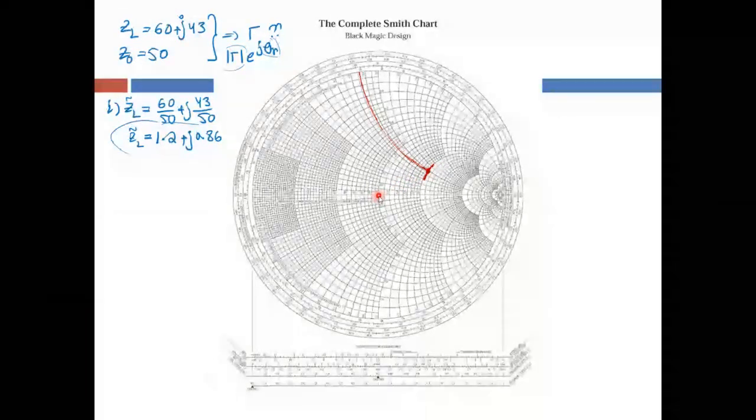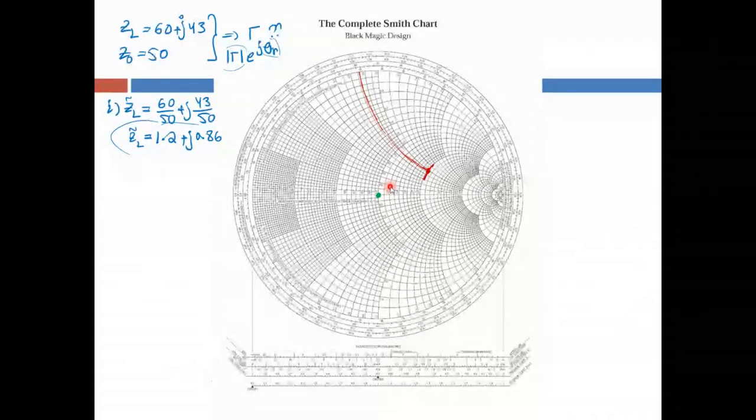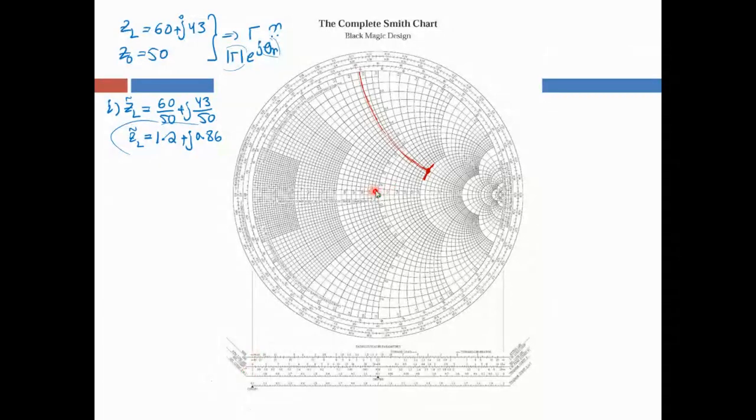Okay, so I want you to connect now using the piece of paper. The first thing is you make 2 marks on the piece of paper, one over here and one there. But before moving the piece of paper, go ahead and draw a straight line from the center, passing through the point that we are looking at, and then going all the way to the perimeter of the Smith chart.